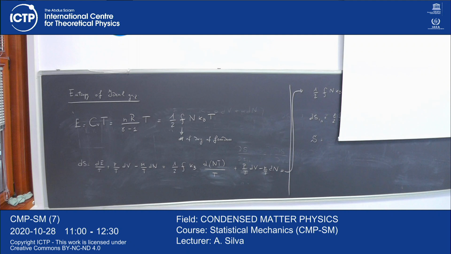I told you that F comes essentially from the fact that I wrote down there the equipartition theorem. I didn't show it, it's just what it is. For the ideal gas that is true, and I will show it with statistical mechanics. Anyway, now let's take this formula and integrate it.